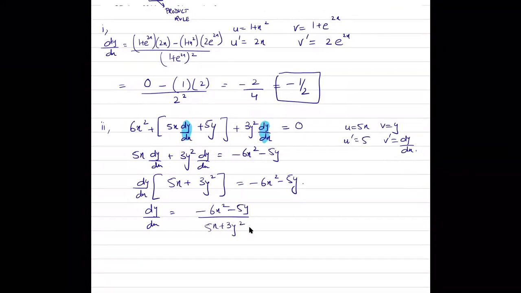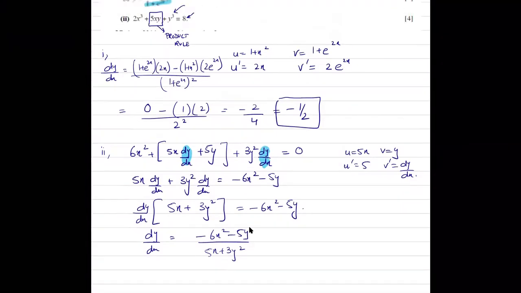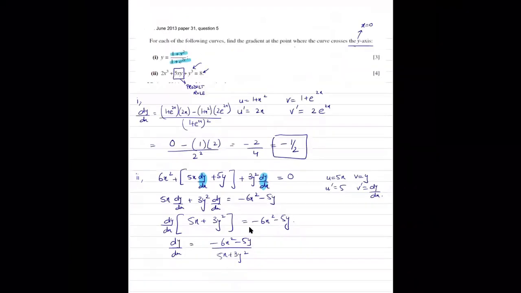Now to find the gradient for this, I need to have x and y. I know it's crossing the y-axis. So if this curve is crossing the y-axis, what is the y-intercept? So I'm going to use this equation. The equation was 2x cubed plus 5xy plus y cubed equals 8.